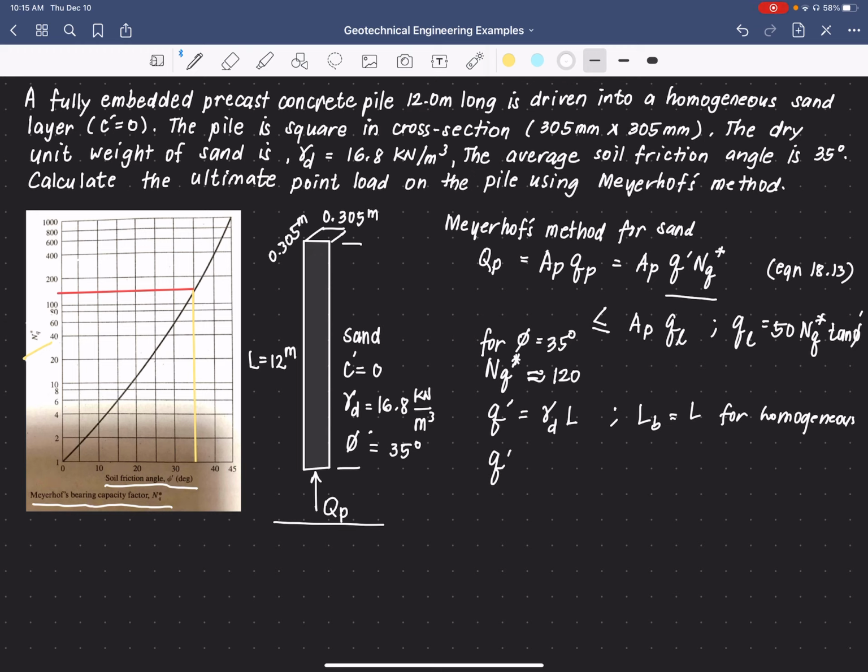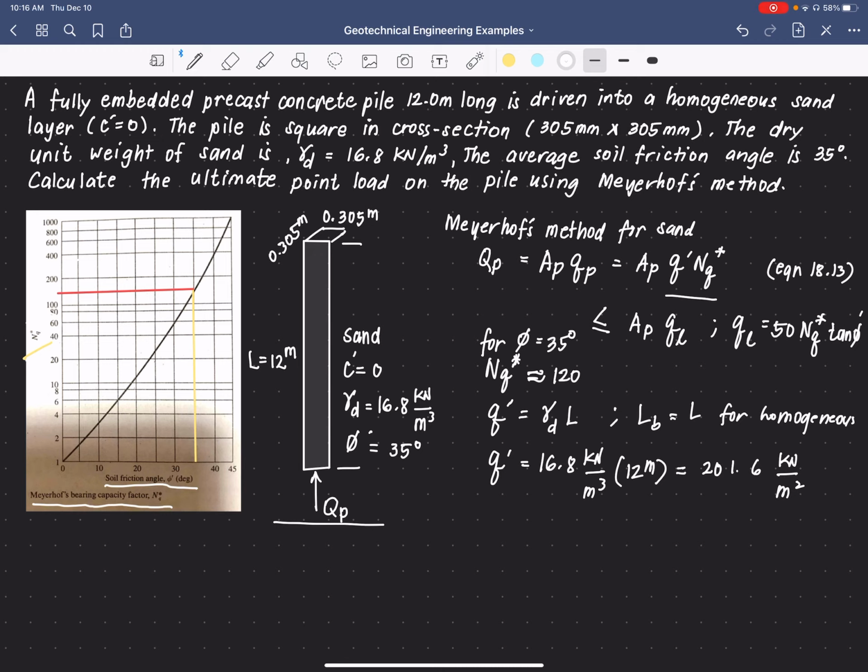All right, so Q prime is equal to the unit weight, which is 16.8 kilonewton per cubic meter multiplied by the length of 12 meters. So our Q prime is equivalent to 201.6 kilonewton per square meter.